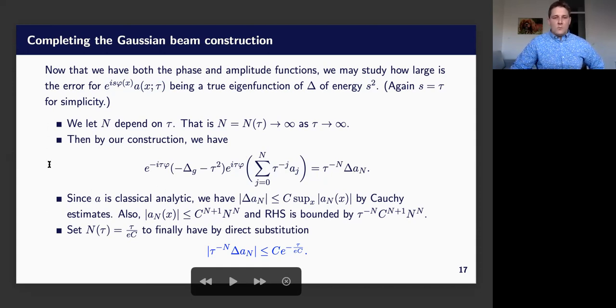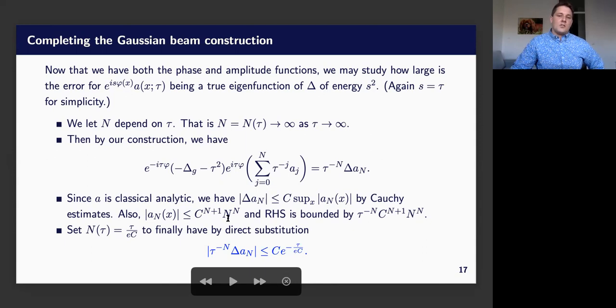Now, since a was a classical analytic symbol, its second derivatives, and especially the Laplacian of a_N, will be bounded by the values of a_N itself. This is by the standard Cauchy estimates.